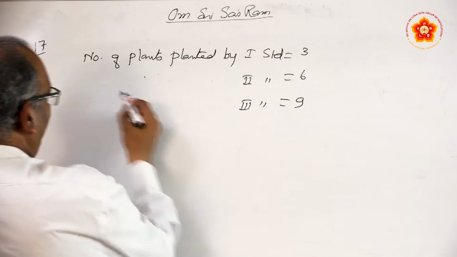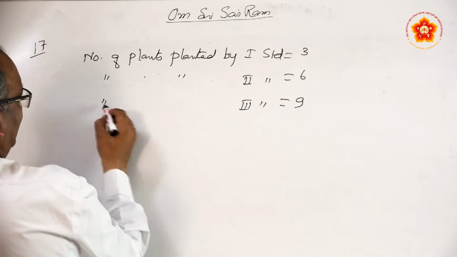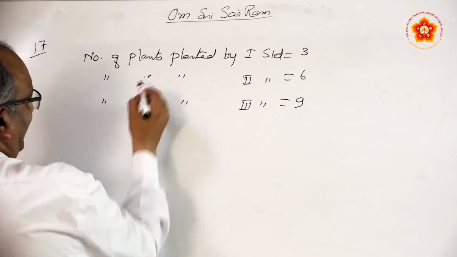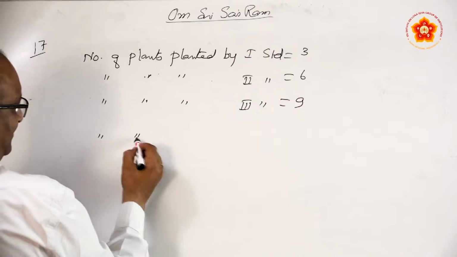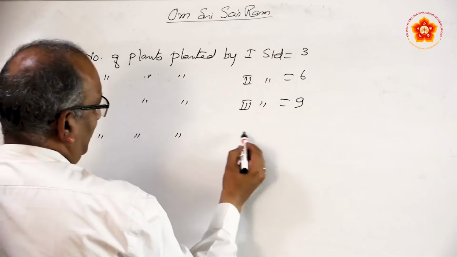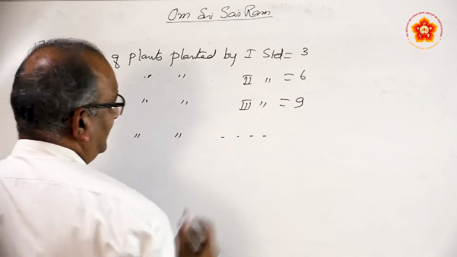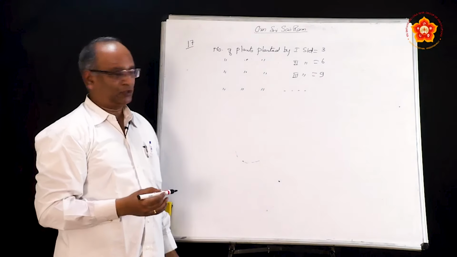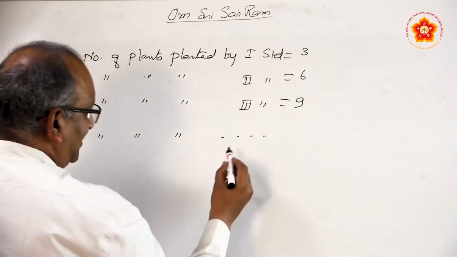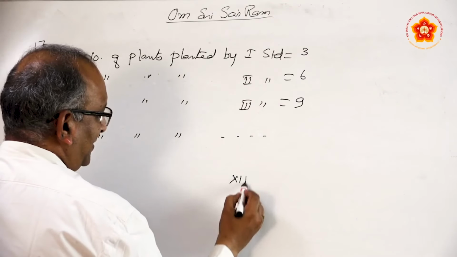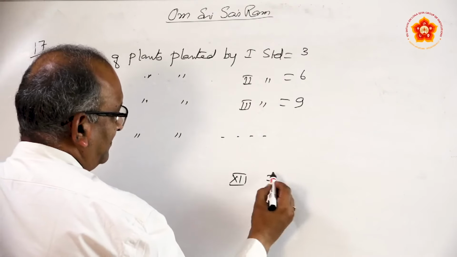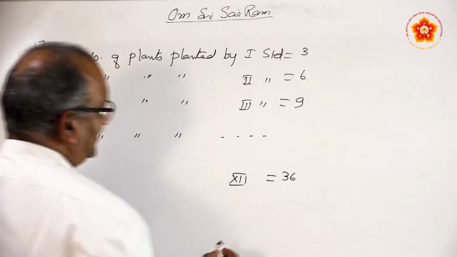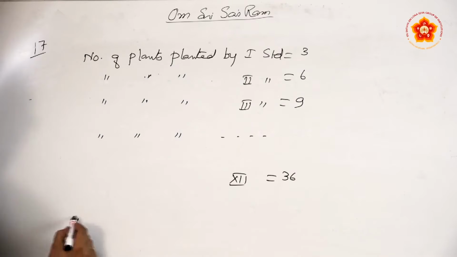In that particular way, the number of plants are planted in and around the school building in order to avoid air pollution. How many classes are there? There are 12 classes. So, the 12th class will be planting 36 plants.